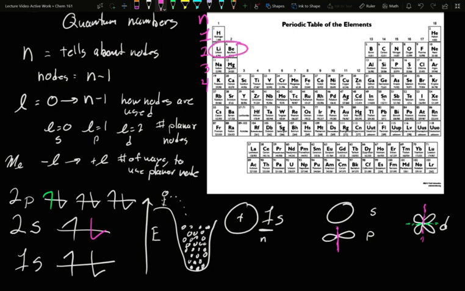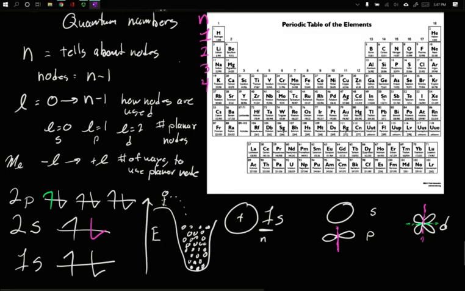So 1, 2, 3, 4, 5, 6, 7, 8. And you'll notice how many electrons did we put in the n equals 2's? We put 8. That second row is all the things that have their last electron go into an n equals 2.